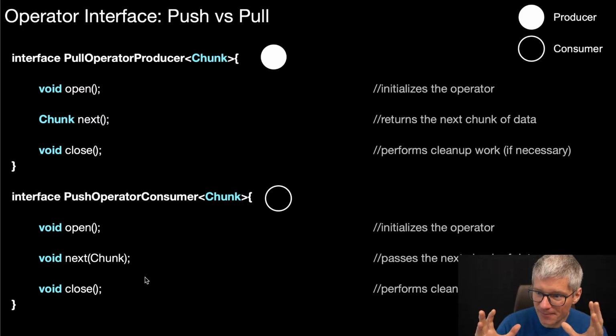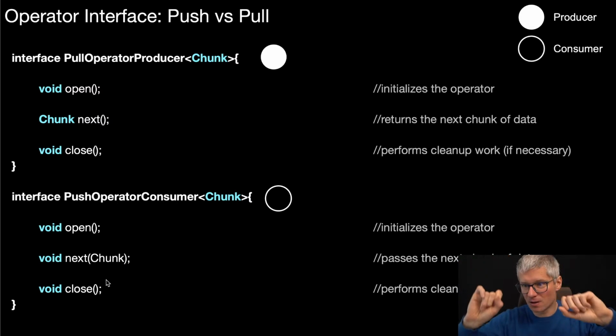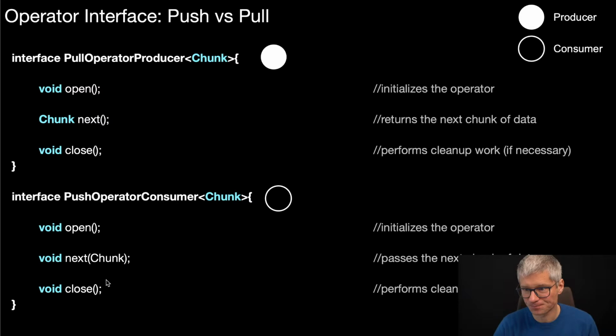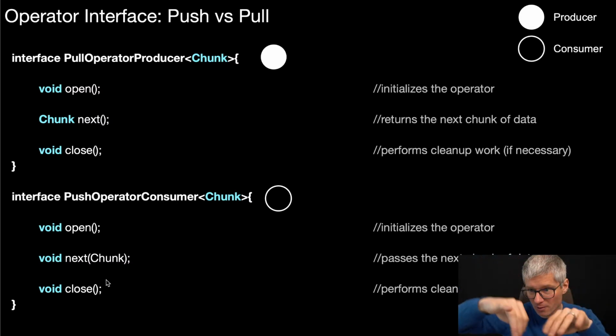So this pair of extremes, pull and push, has a lot to do with who has control in such a query plan. In the push-based world, basically control is with the leaves pushing it to the parent nodes, which can then do something with that. Whereas in the pull-based world, control is with the topmost node, which delegates control to its children in order to produce results, and then being able to continue processing.